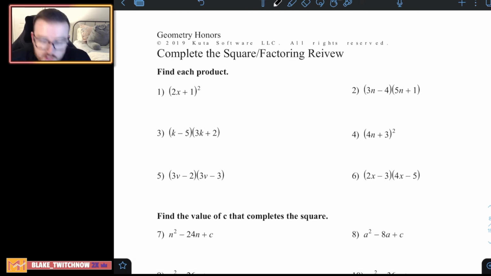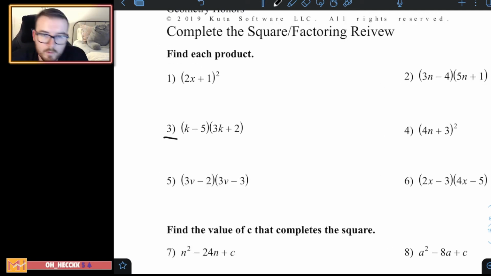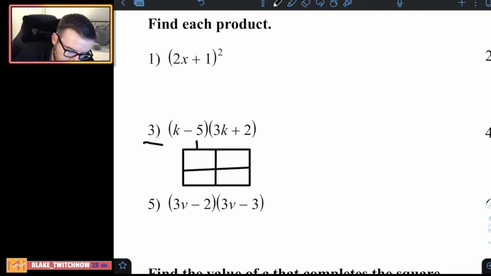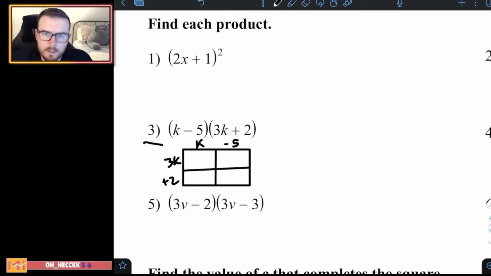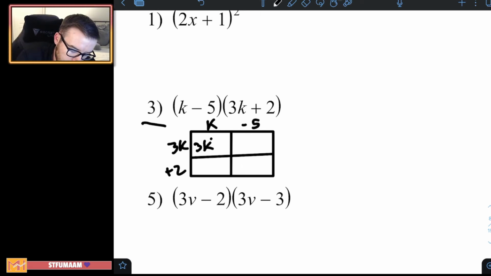So, completing the square and factoring review. Do you remember how to multiply? Let's look at number three. You remember how to multiply stuff like this together? You were probably taught the box method. So k minus 5 and 3k plus 2. I hope this looks familiar. And you end up with 3k squared minus 15k plus 2k minus 10.